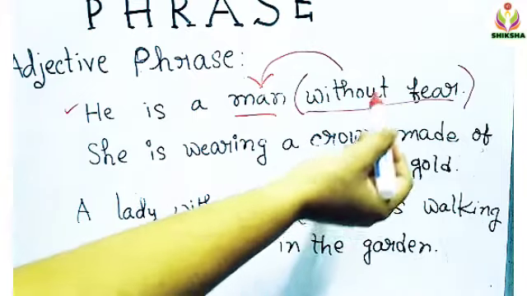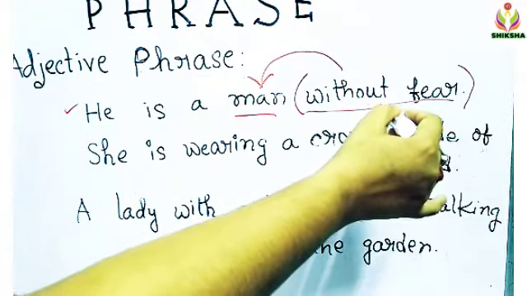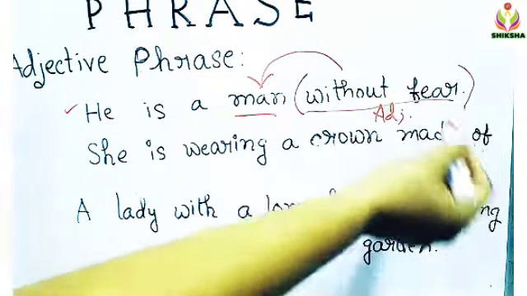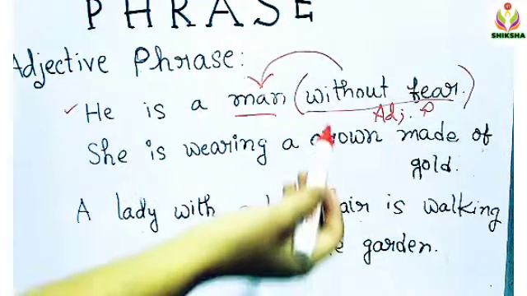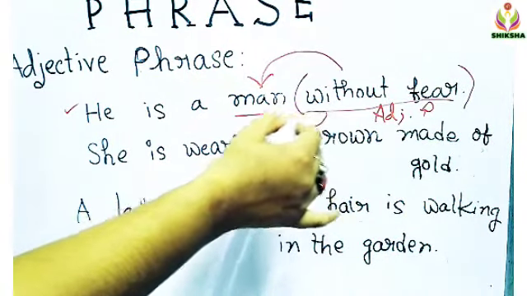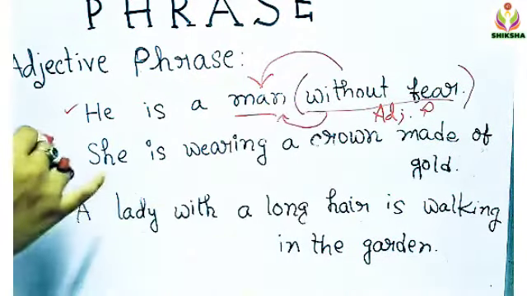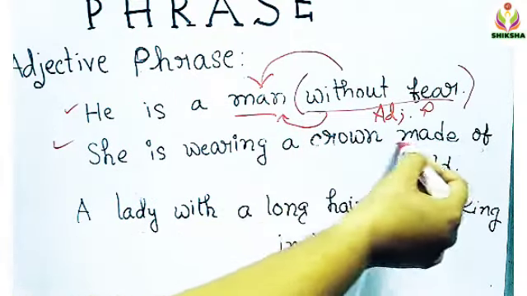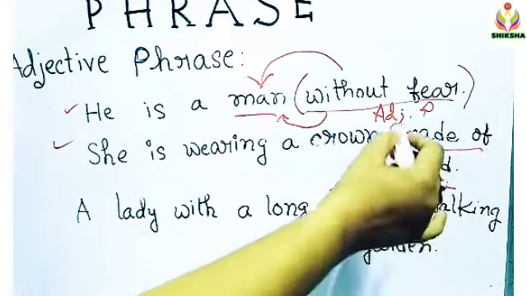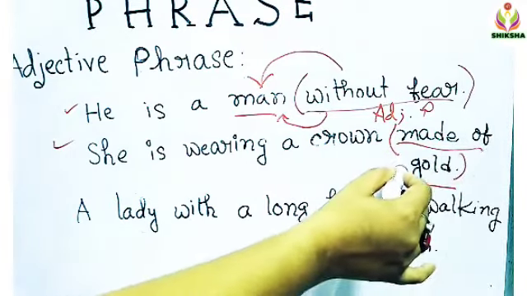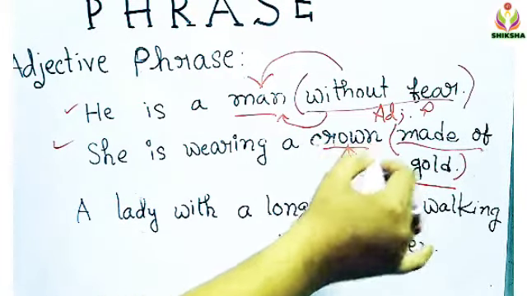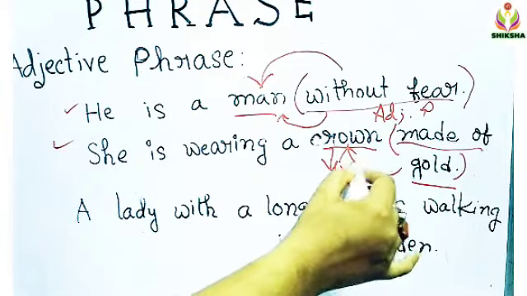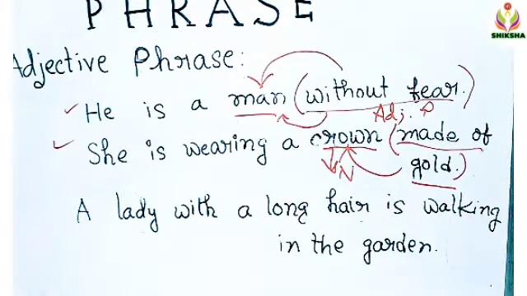So here it is working as an adjective phrase because it modifies the noun. In the second example, she is wearing a crown made of gold. So here also the underlined part is modifying the noun crown. That's why it is also an example of an adjective phrase.